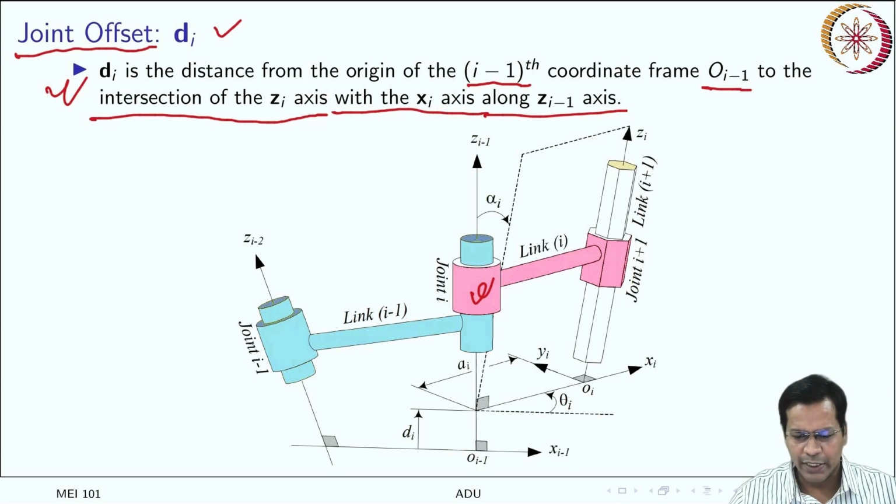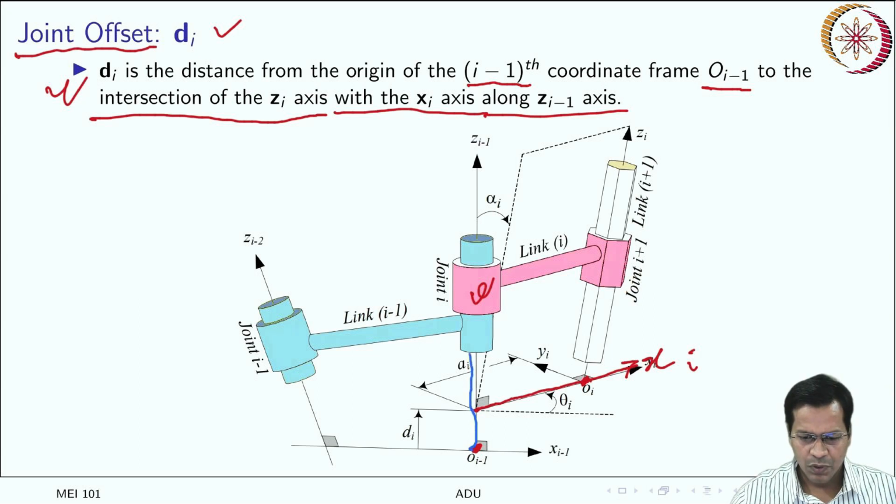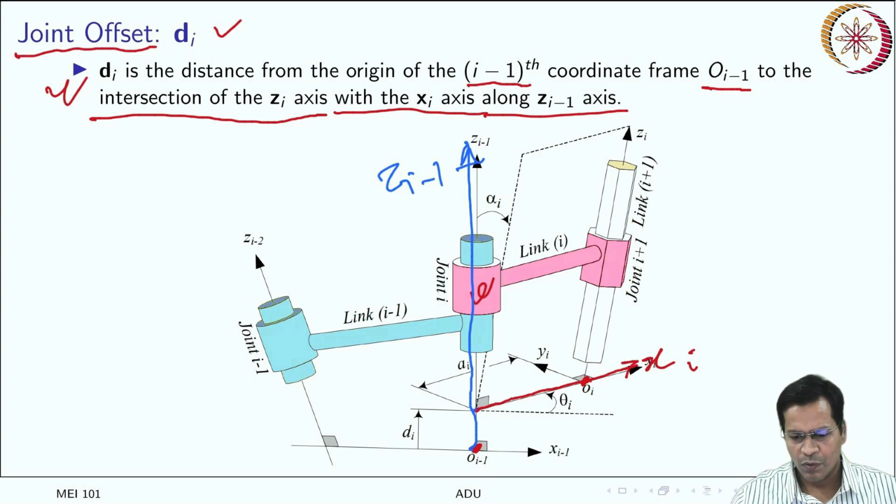They are calculated as follows. This is your frame O I minus 1. From here, there is a common axis which intersects both of them. This is your xi axis, which is fitted at the end of link I. This is part of the frame I which is fitted at the end of link I. And this intersects zi minus 1 over here.